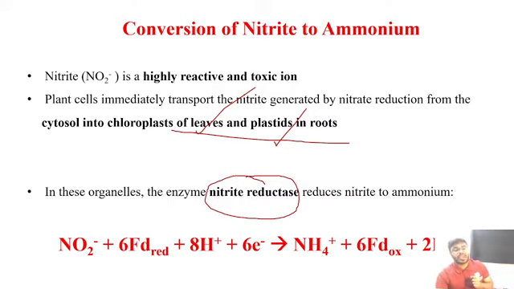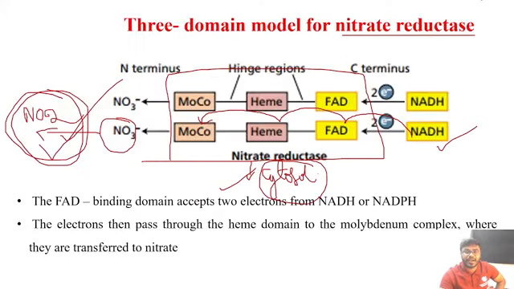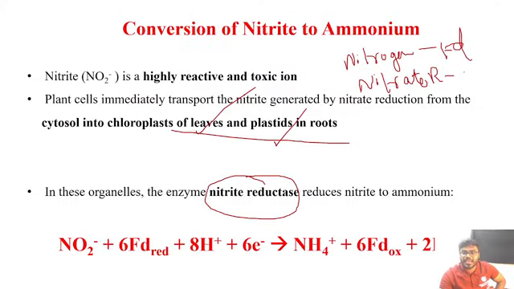Now friends, once again, please listen. You have to remember the electron donor. The electron donor, we already read, right? For the nitrogenase enzyme, what did we read? Ferredoxin. Just now we read the electron donor for the nitrate reductase is what? NADH.